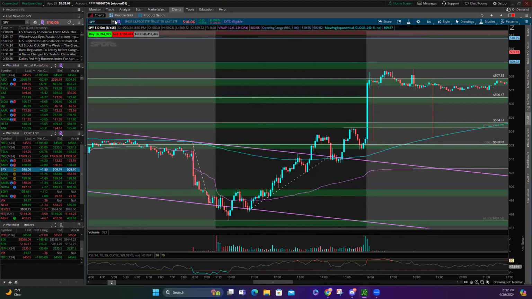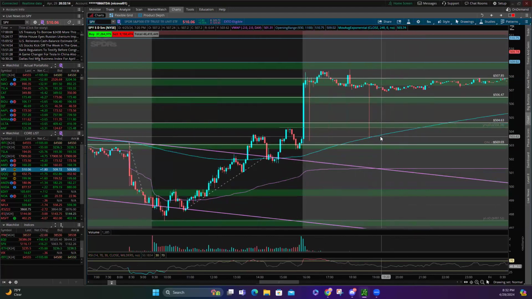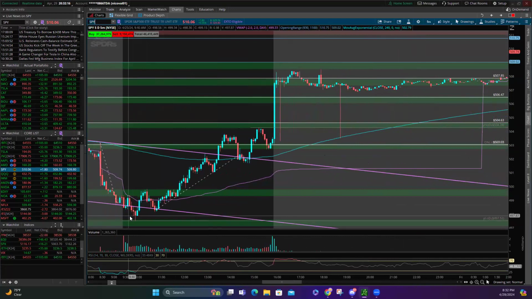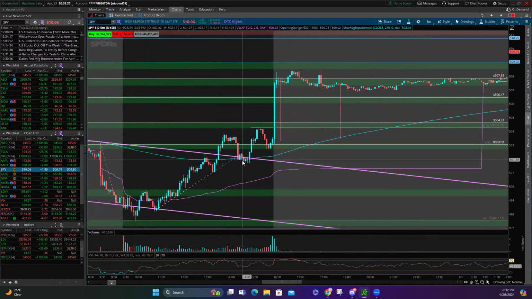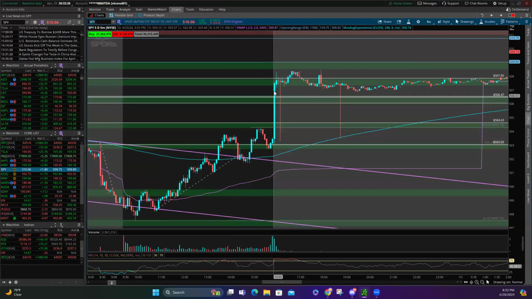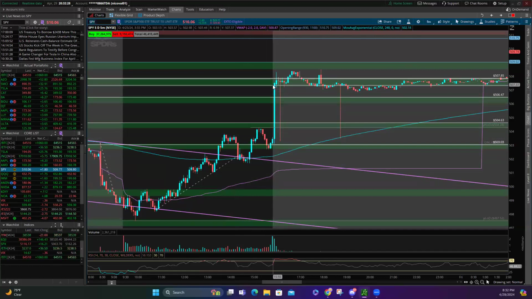SPY moves today were kind of tricky, but this move here was money, right? I grabbed some SPX contracts on the big pullback here, and then I grabbed more SPX here, and then I just got SPY because I can trade it 15 minutes after SPX is closed.